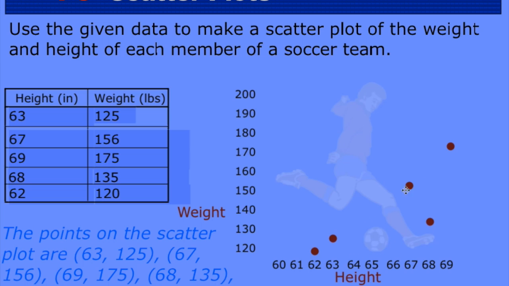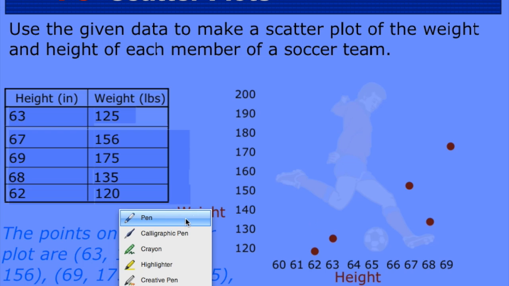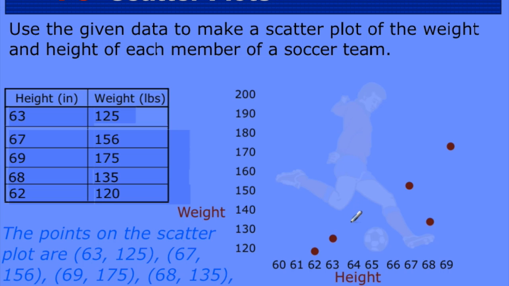So if we see, we do have somewhat of a positive relationship. And now that we have this relationship, we're going to make a line of best fit. So I would just make a line something like this. It doesn't have to be exactly perfect, but I'm trying my best.